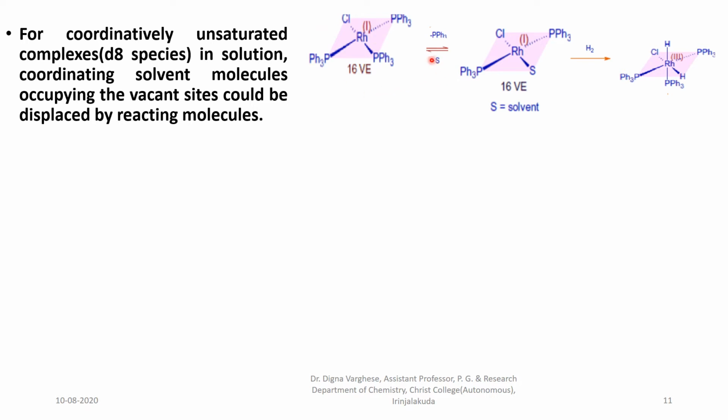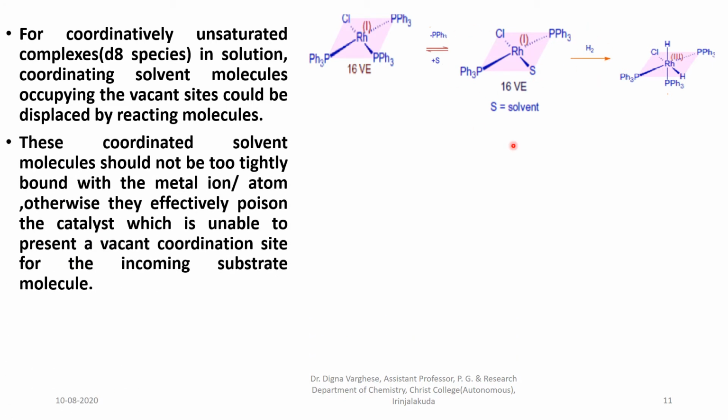The solvent can be replaced by one of the ligands, and it is added to the oxidative addition reaction by a hydrogen molecule, and the solvent molecules are replaced by hydrogen. So the vacancy can be created by replacing the ligand with the solvent molecules, which can be replaced by the incoming ligand.